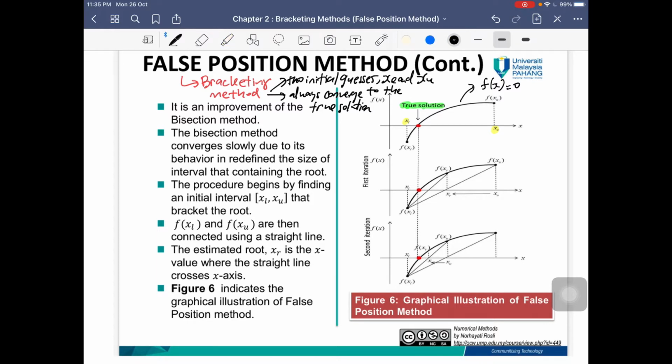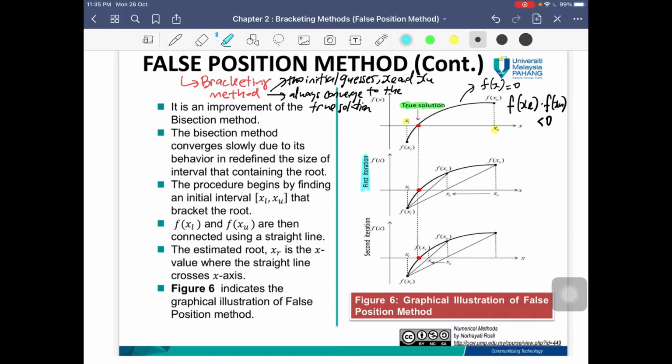Based on this condition: FSL multiplied with FSU less than 0.